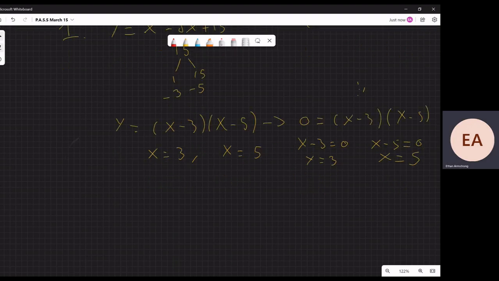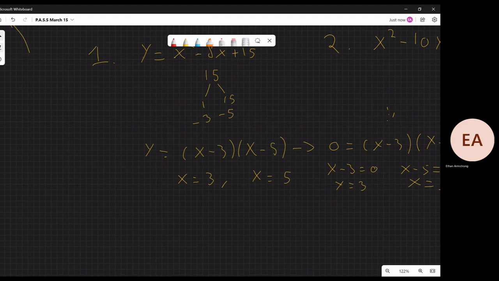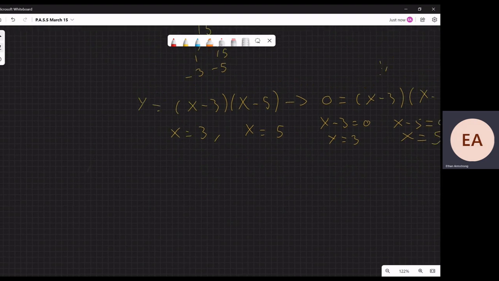So now that we have our x-intercepts, one thing we can do is find the vertex. The way we can find this is by adding each of these x values together and dividing by 2.